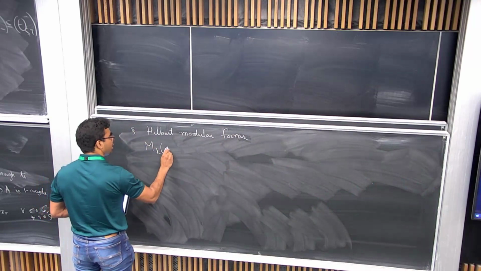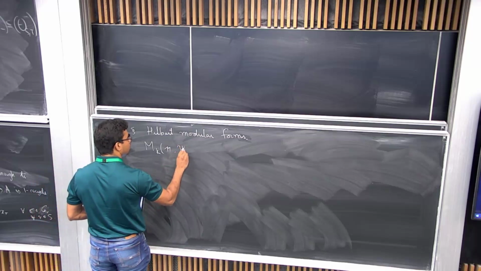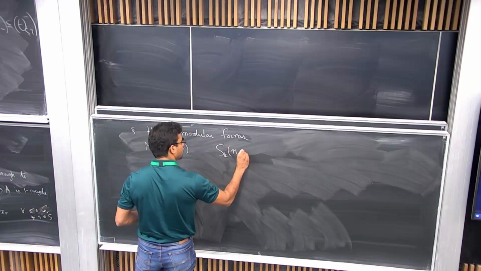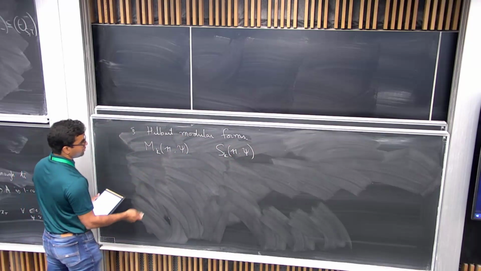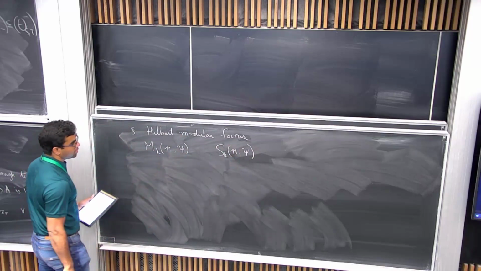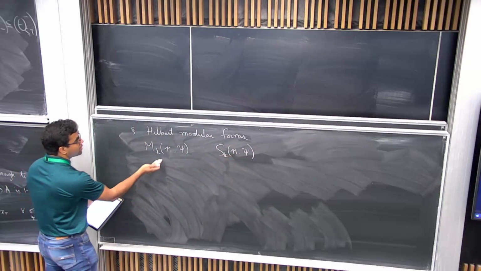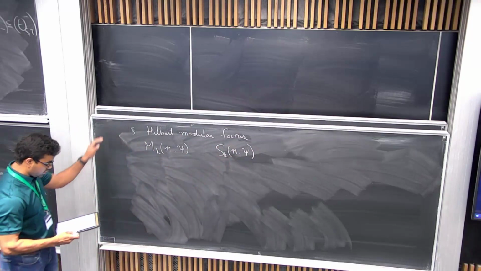If n is an integral ideal of F, then I'll denote by M_k(n, psi) the modular forms of level n and Neben type psi, and plus forms like this. So we'll start with some Eisenstein series and then construct an element in the cuspidal.